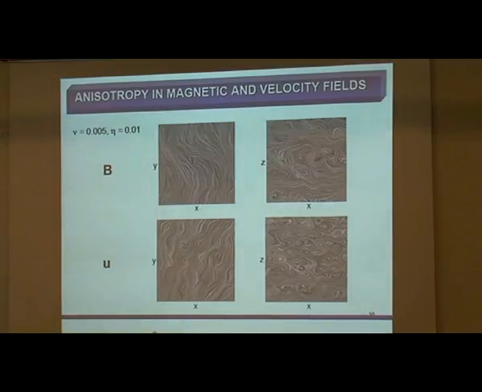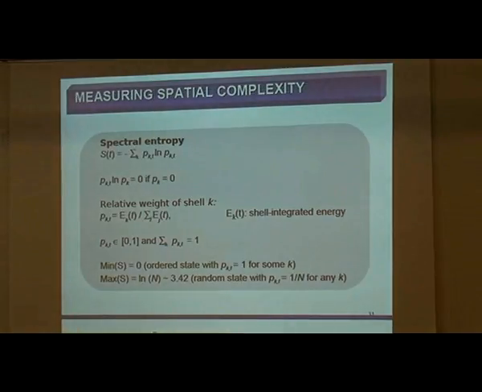And then you have the spectral entropy. Basically, you get the energy of each Fourier shell. You compute this energy for each value of k, normalize it, and then you insert it into Shannon entropy's formula. The minimal entropy would be an ordered state when you have p equal to 1 for some k.